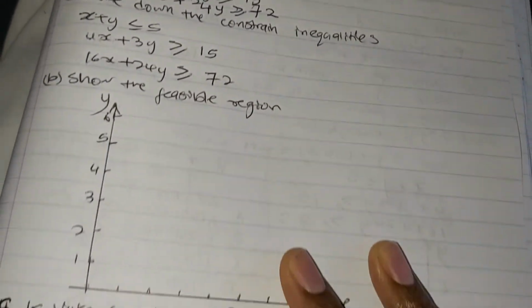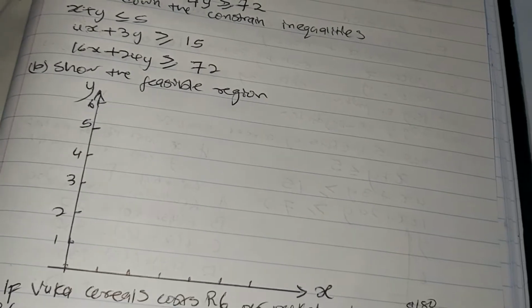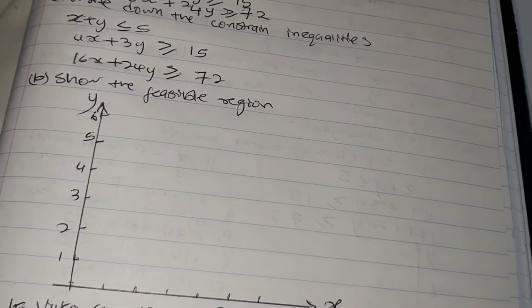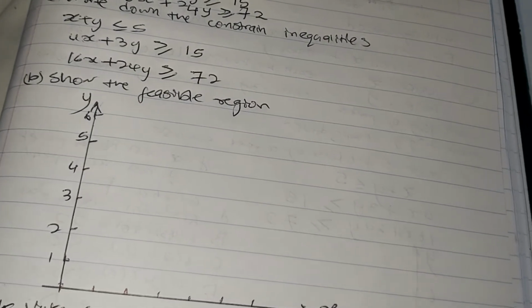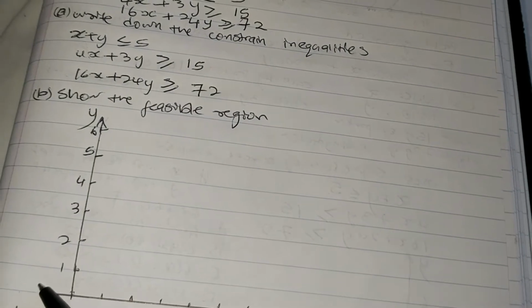Then the next point is now show the feasible region. So for you to show a feasible region, you need to actually graph these inequalities. Thereafter, you shade the region that satisfies all these inequalities.